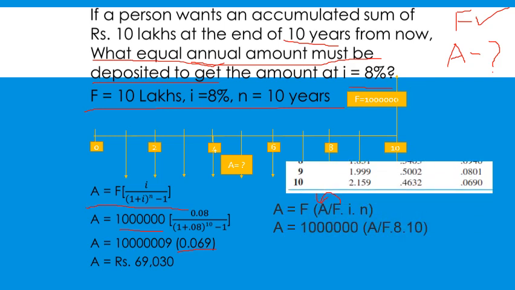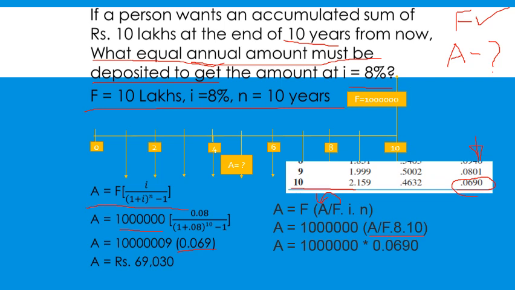Let us get the value of A by F comma 8 comma 10 from factor tables. N is equal to 10. See here. Now I have to identify 0.069, this column. This is the column that contains A by F values. See here, 0.0690.